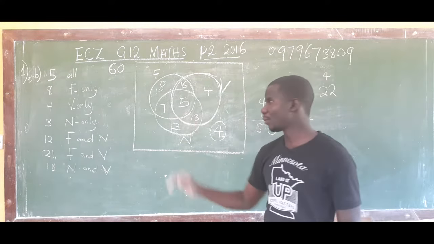Then we have CB. CB is equal to, there are so many routes that we can use. We can use CE plus EB, or CD plus DB, or CA plus AB. Any of those will give you this.